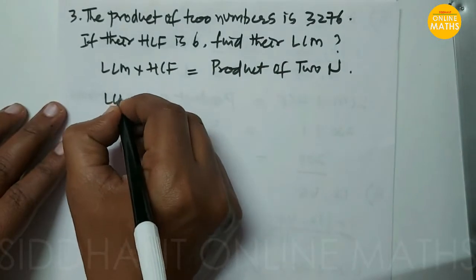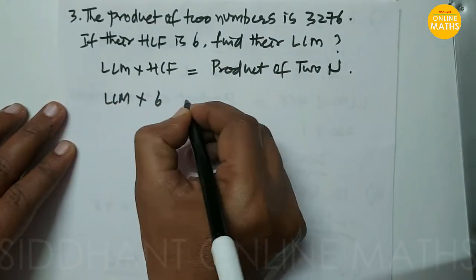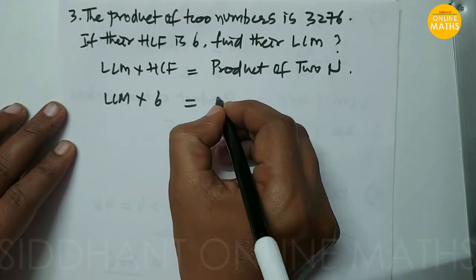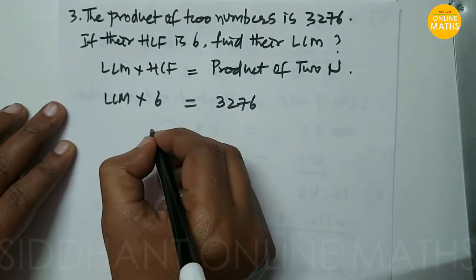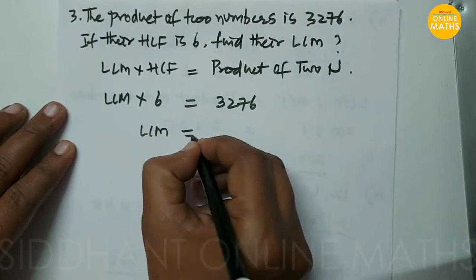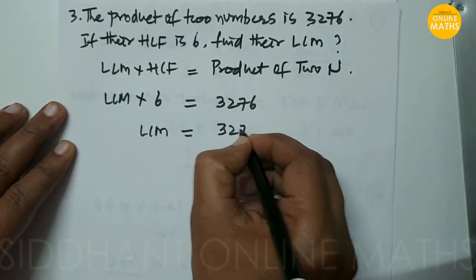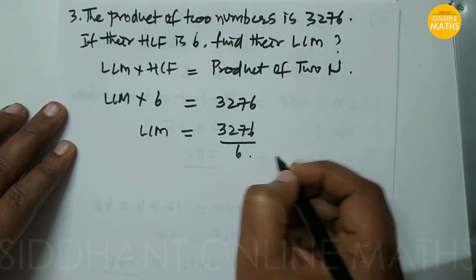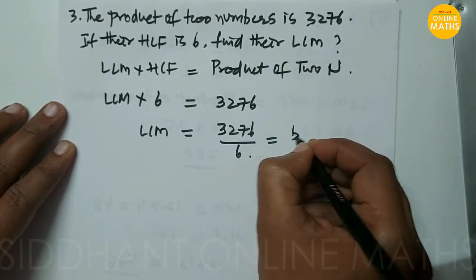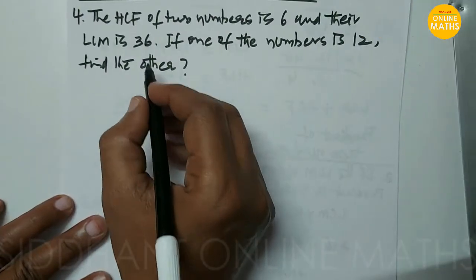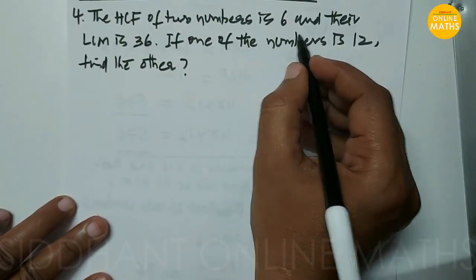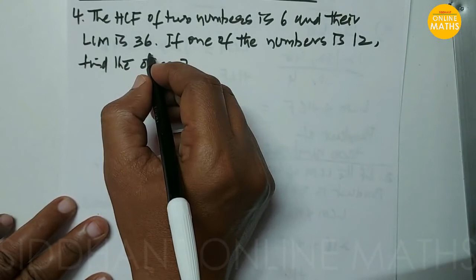We are going to find the LCM into 6, which is equal to the product of two numbers, also given, 3276. So LCM is equal to 3276 by 6, which will be 546 here.